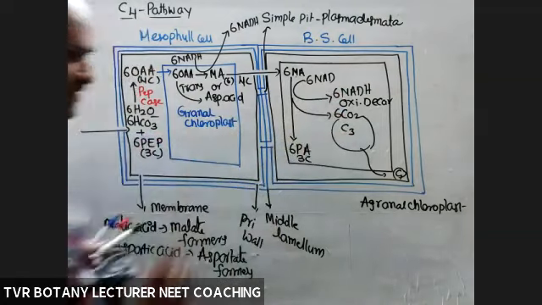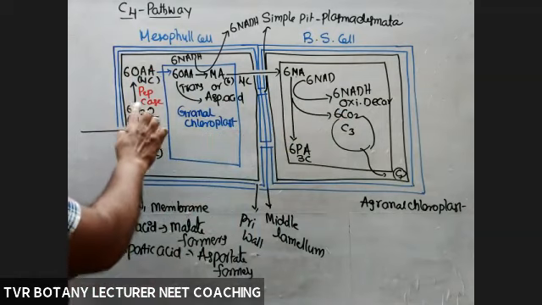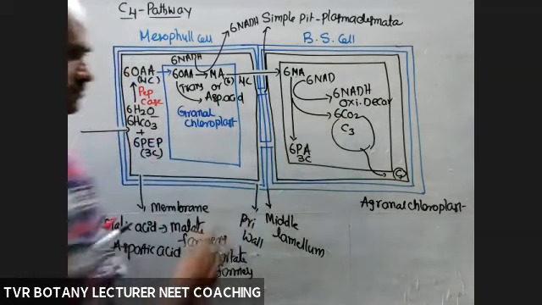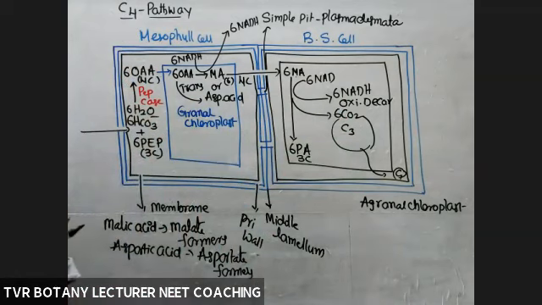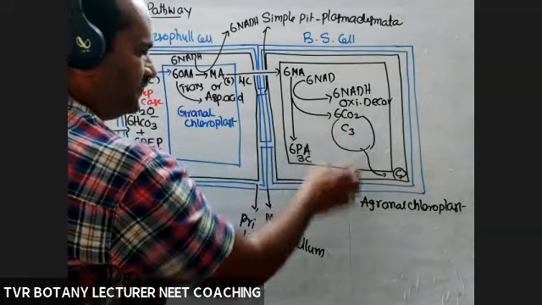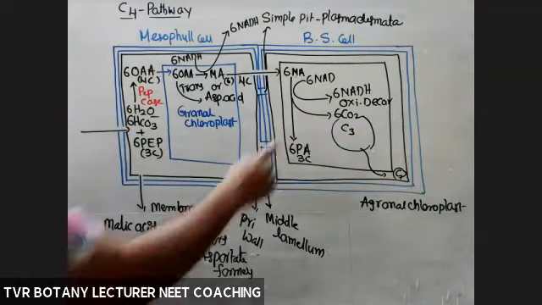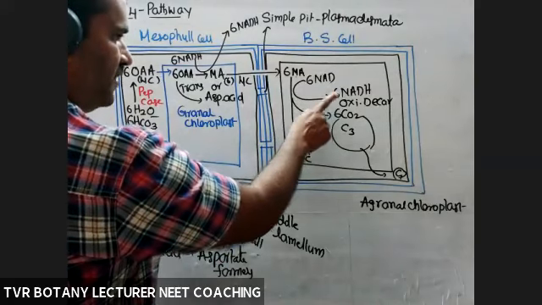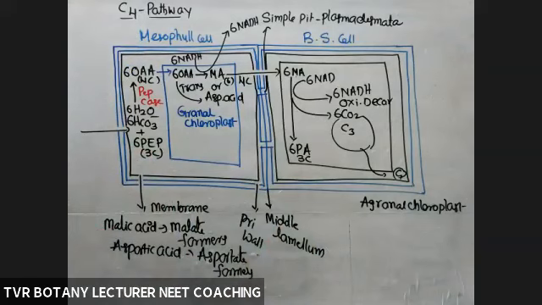decarboxylation, carboxylation. So what about the total number of carboxylations? 1, 2. First carboxylation within the mesophyll cell. Second carboxylation within the stroma of agranular chloroplast. And what about the total number of decarboxylations? Only 1 within the stroma of agranular chloroplast.